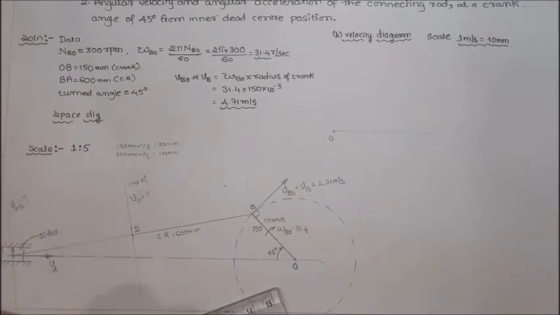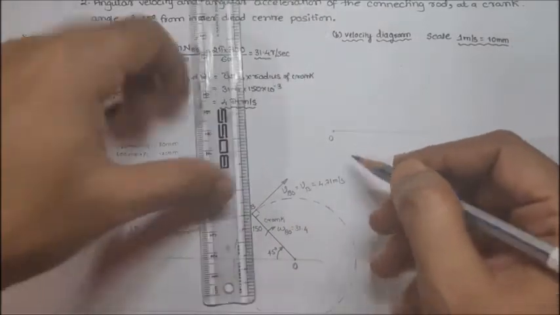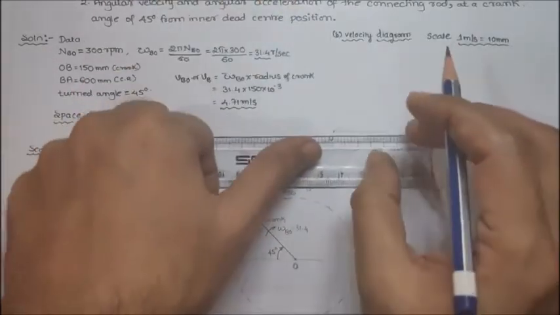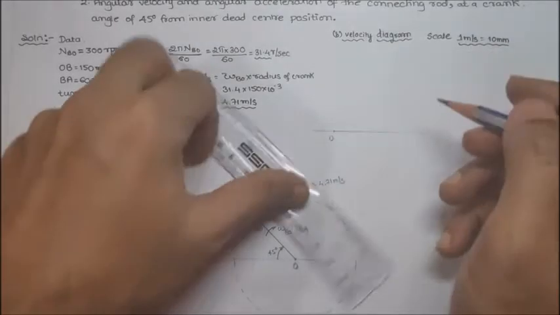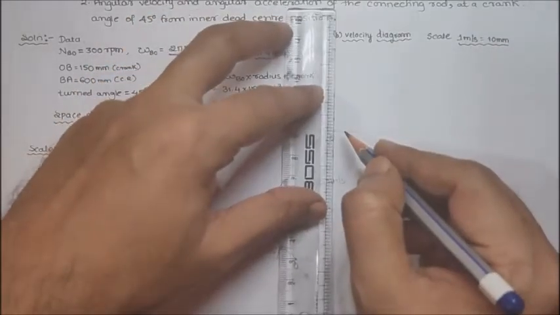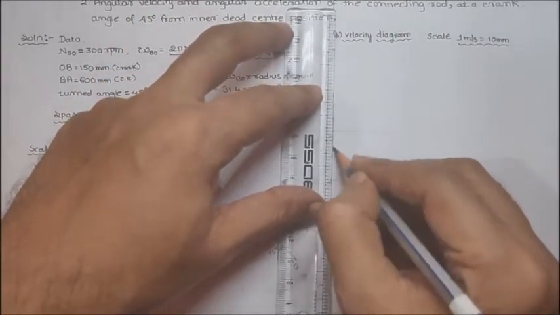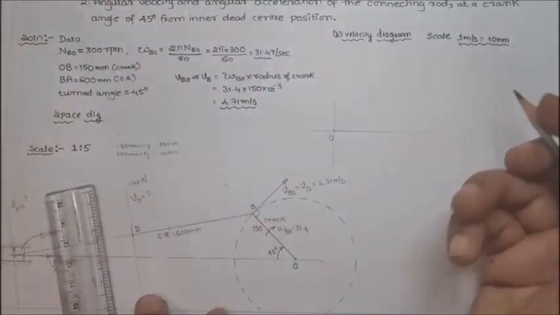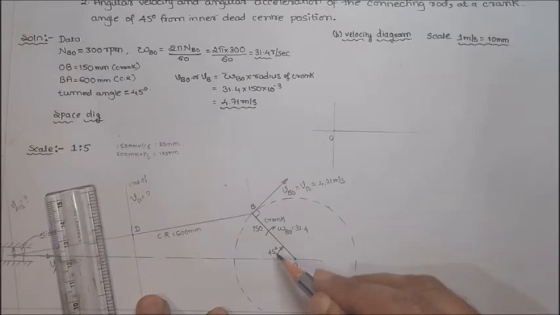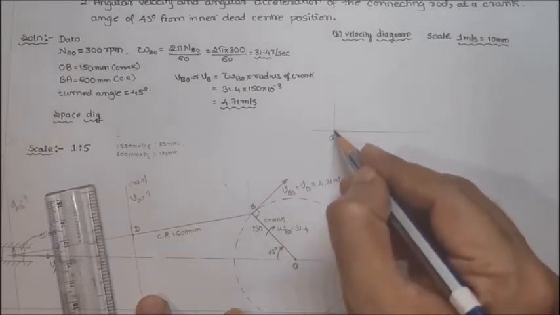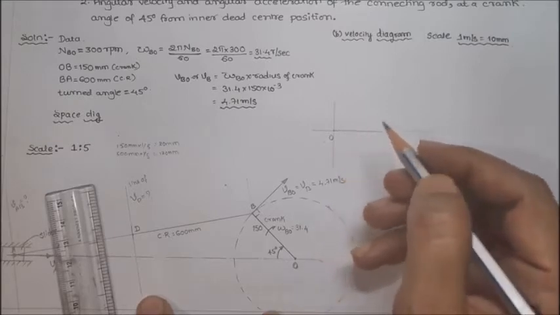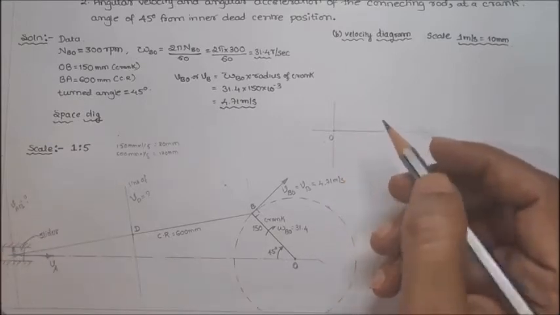So again at this particular point we will draw our grid. One horizontal line. Then we know the line from here, the known velocity, and we have to find out different velocities from that.